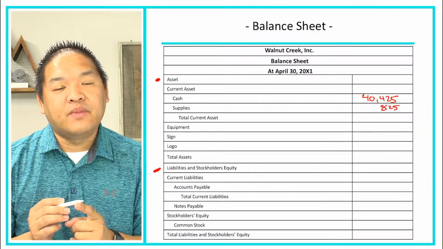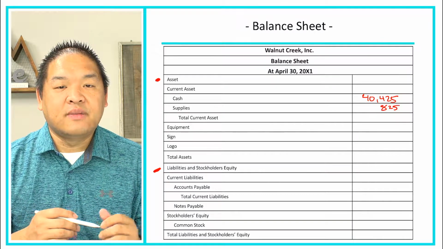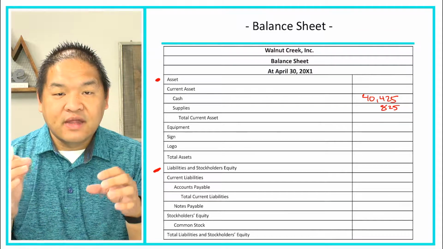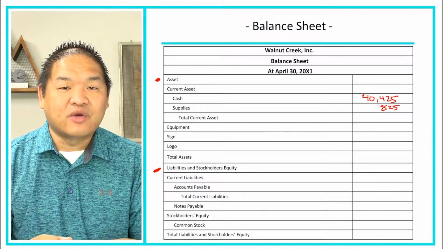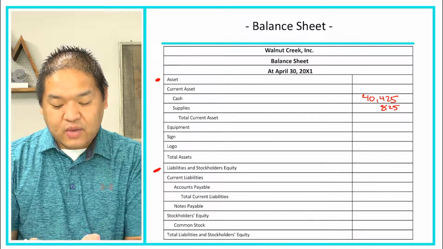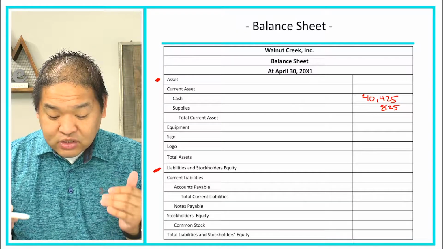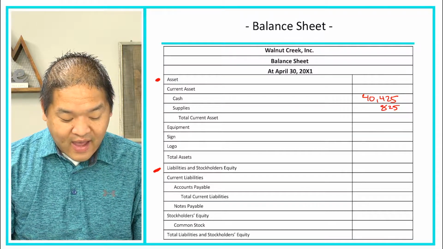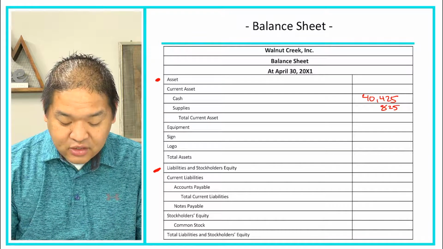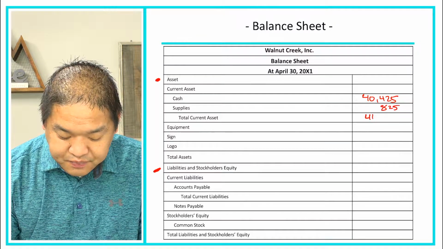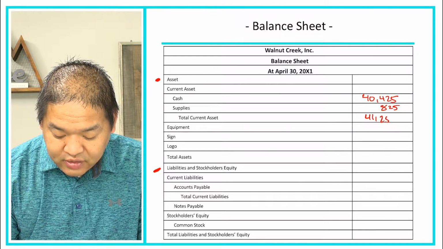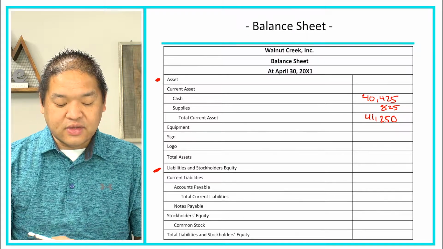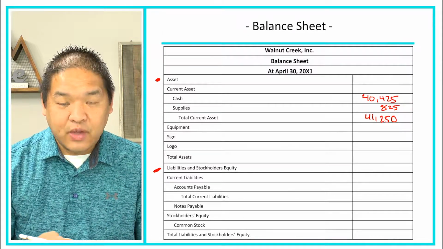Because that's going to help us calculate some ratio analysis later on, because that is truly an important number at the end of the day. So that's why you're seeing it calculated here. If I take $40,425 and add $825, you're going to get $41,250. So that's how much current assets we have.